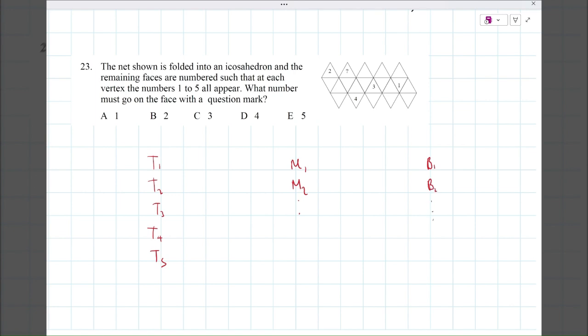Now, this is going to come down to elimination. It's like a really horrible Sudoku. So you don't have a 5 anywhere. You do have a 1. If I think about where a 1 can't go, a 1 cannot go there, and a 1 cannot go there in the top row.